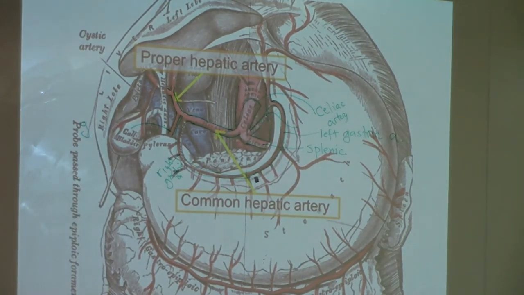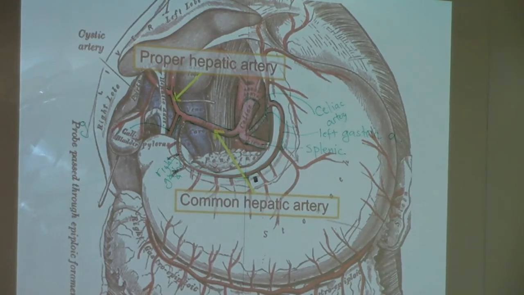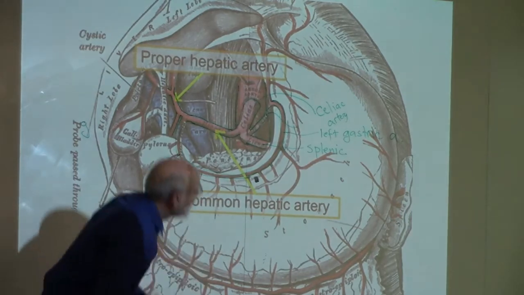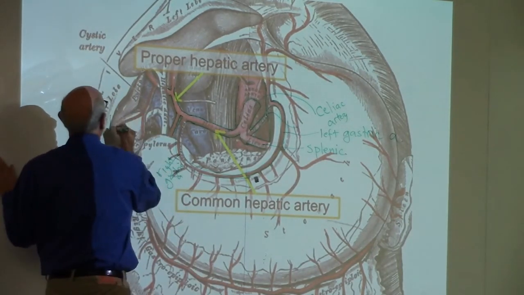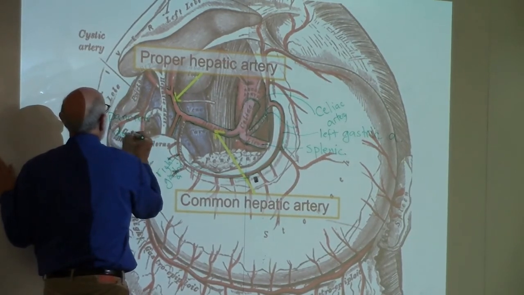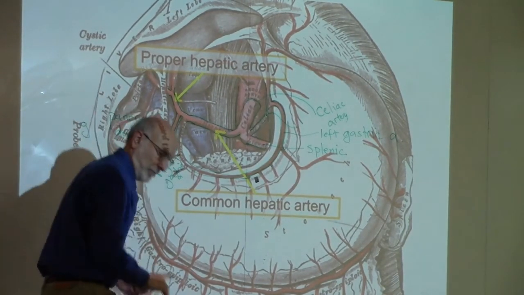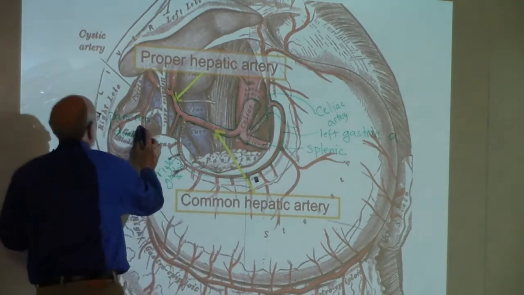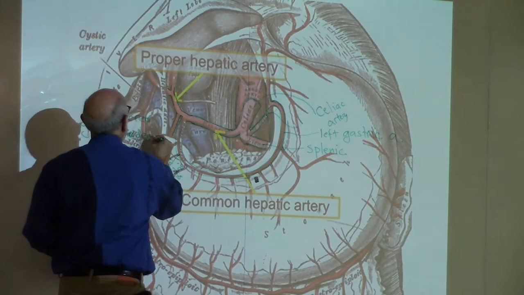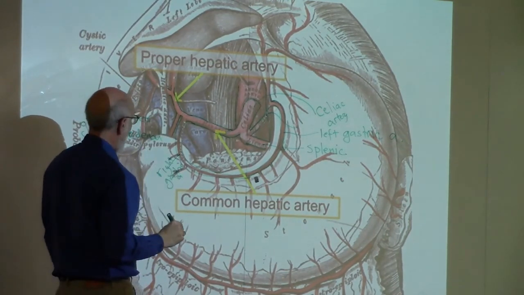I'm blanking. Let's call it the pancreoduodenal artery.